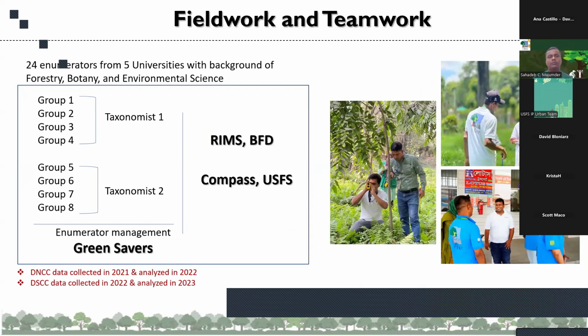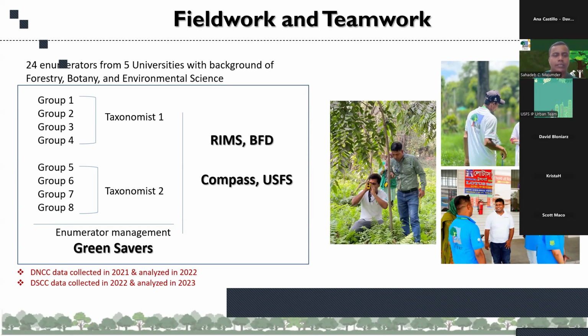Then how did we do the fieldwork and teamwork? At a time, eight groups worked in the field. Each group had three data collectors, mainly undergraduate and graduate students from forestry, botany, and environmental sciences. Each four groups were supported in the field by one renowned taxonomist in Bangladesh, two taxonomists altogether.